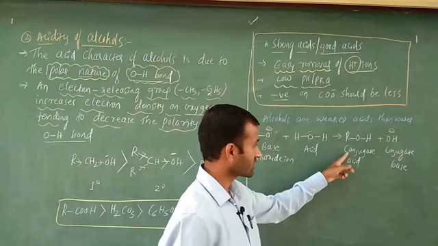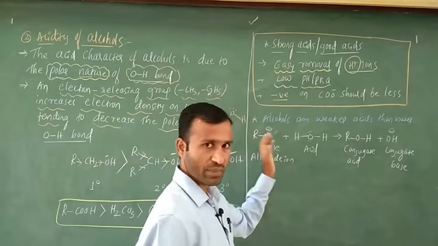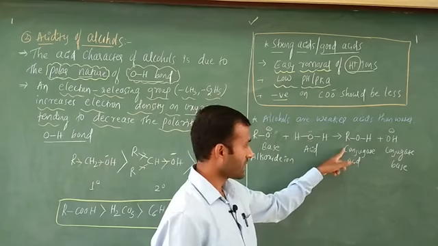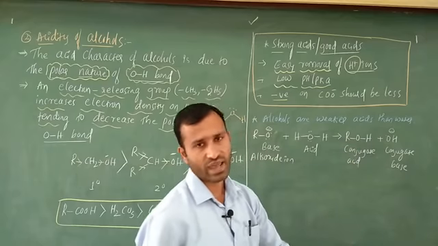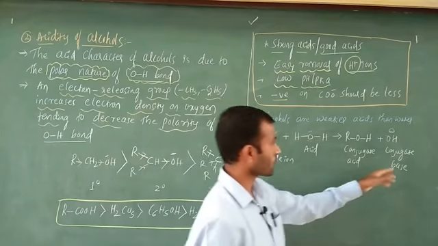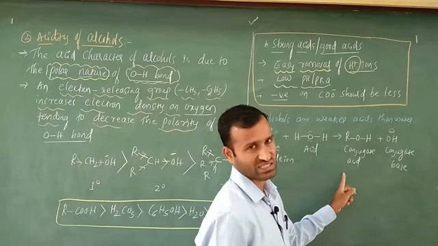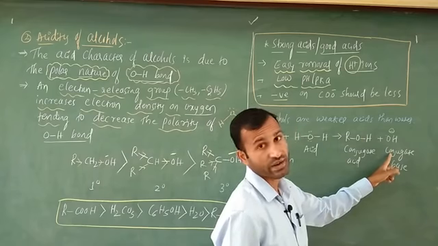Conjugate acid means it is originally a base, and in this case hydrogen is added, that is why they call it a conjugate acid. Next, a conjugate base is originally an acid, but in this case there is removal of hydrogen.